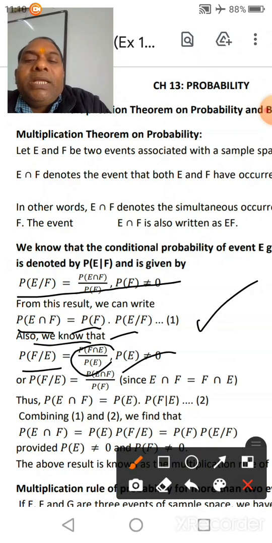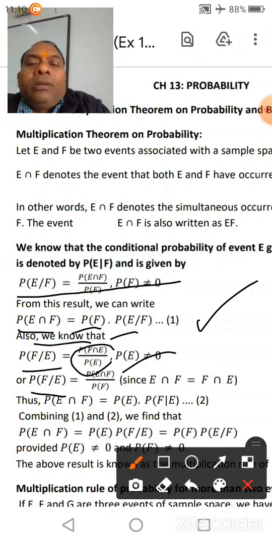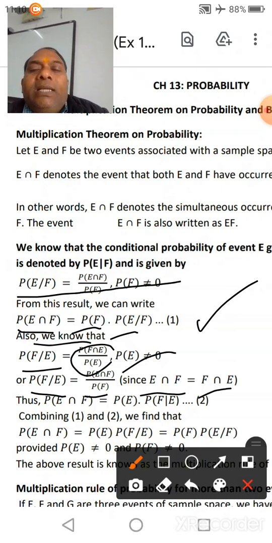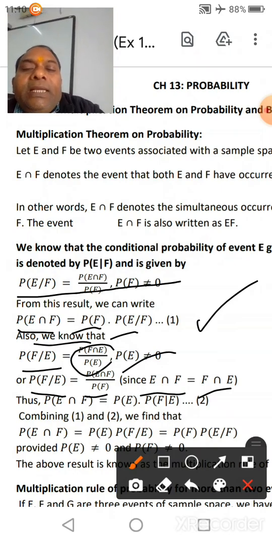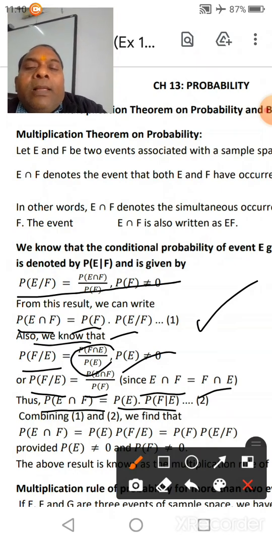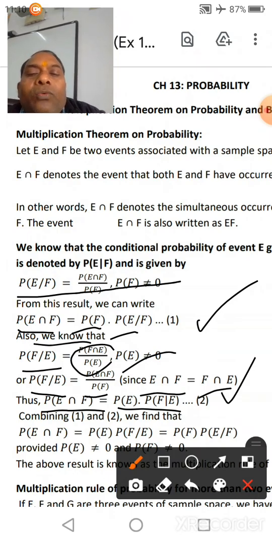So, P(F|E) = P(E intersection F) / P(E), since E intersection F is equal to F intersection E. Thus, P(E intersection F) = P(E) × P(F|E). Equation number 2.